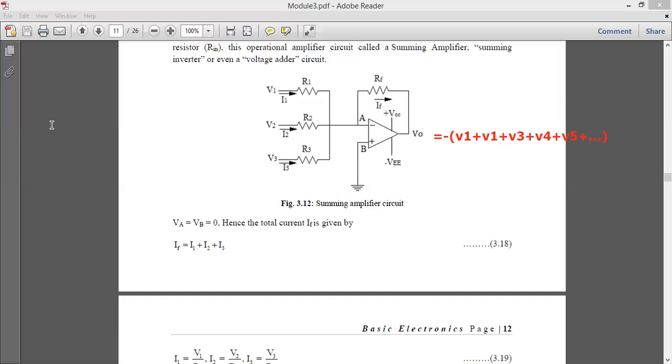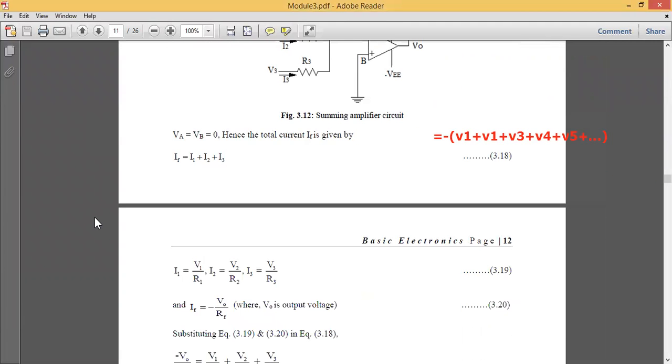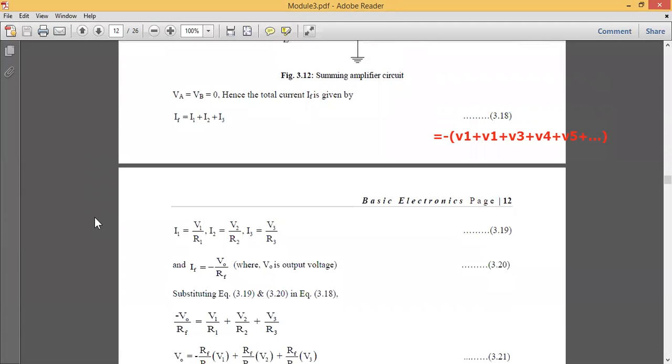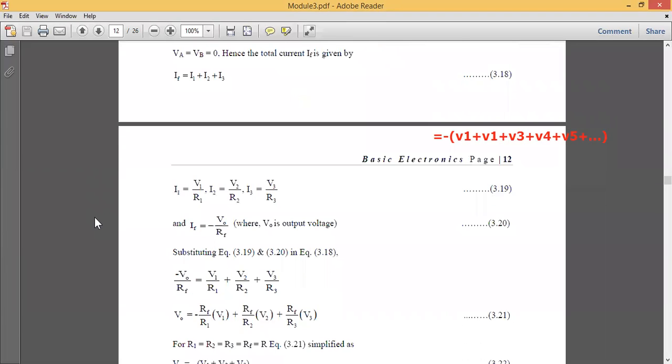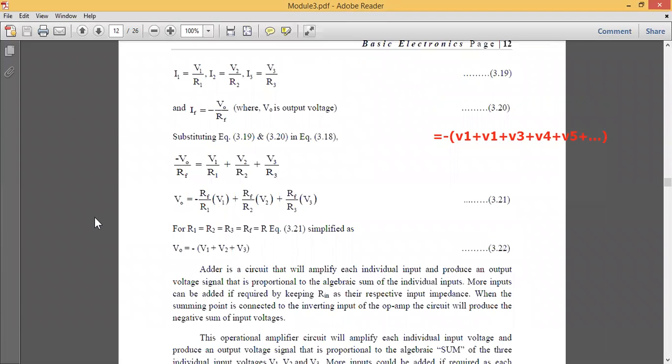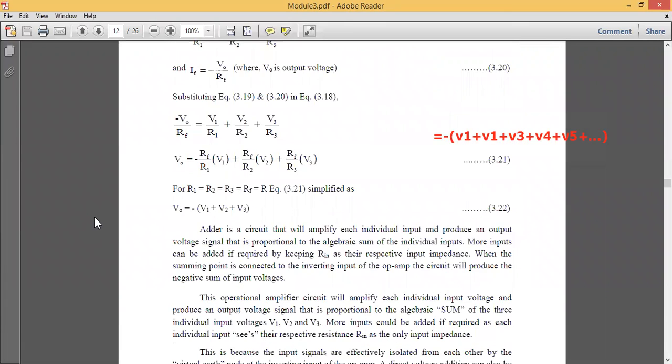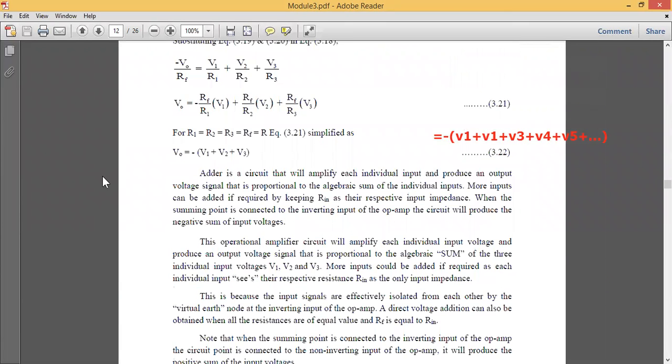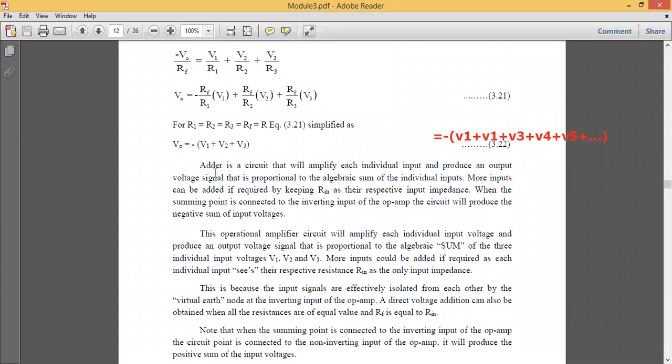Here the concept of the summing amplifier says that whatever input voltages you apply to the input terminals of the op amp, those voltages will be simply added and produced at the output terminal of the op amp. That is the reason the summing amplifier is also known as an adder. Here we can see what an adder is.